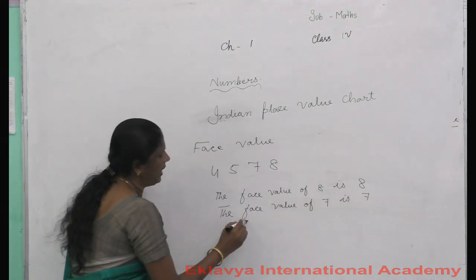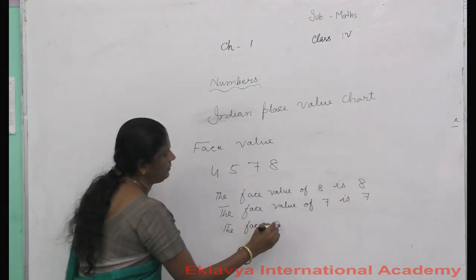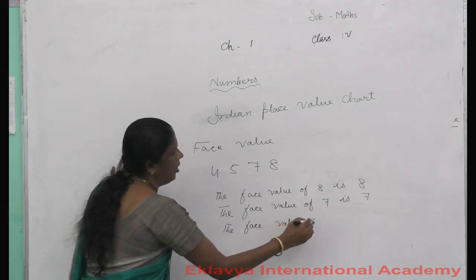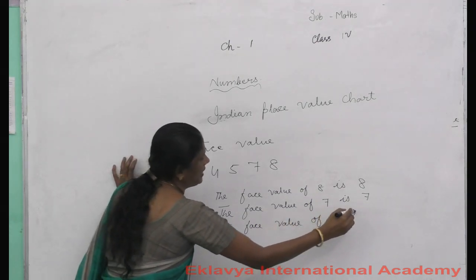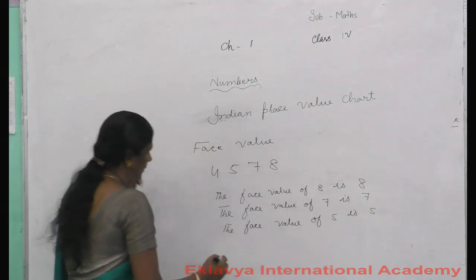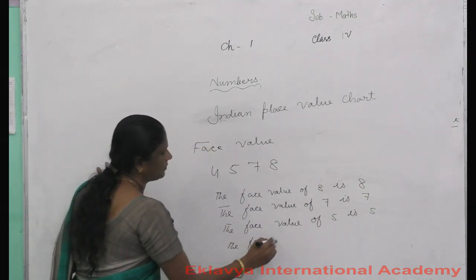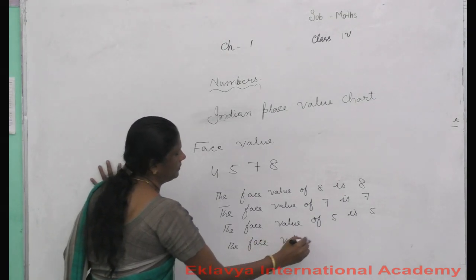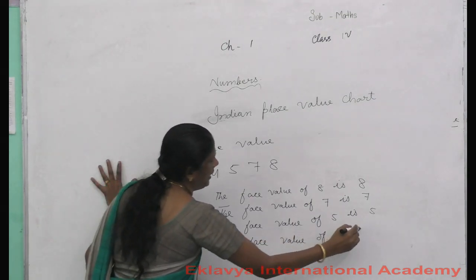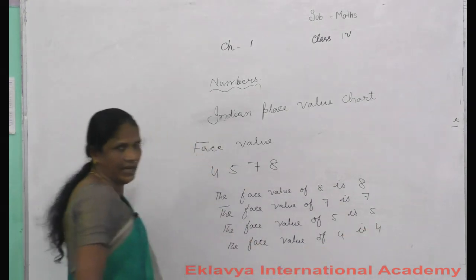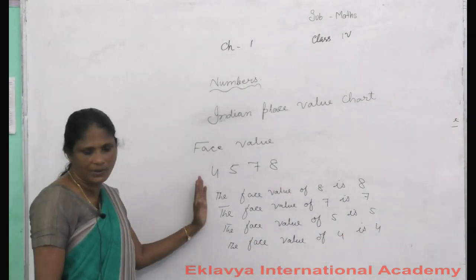The face value of 5 is 5. The face value of 4 is 4. You understand? Again, repeat. The face value of 8 is 8, the face value of 7 is 7, of 5 is 5, of 4 is 4. Understand? Face value, do all students understand?